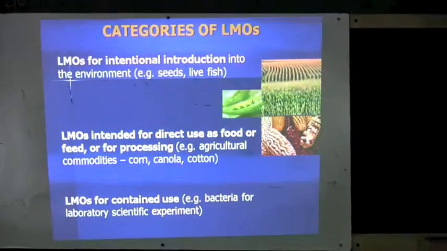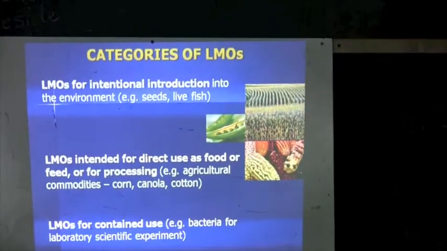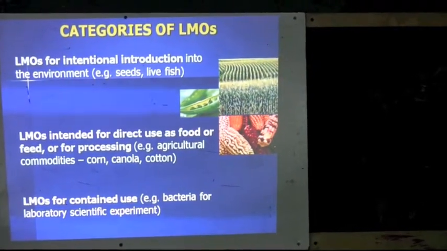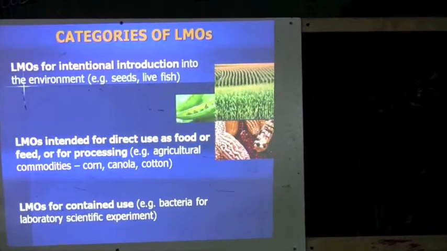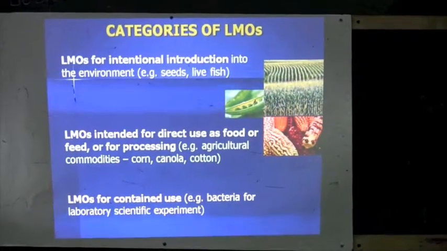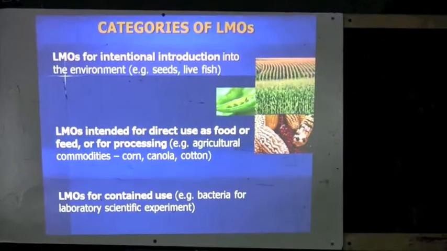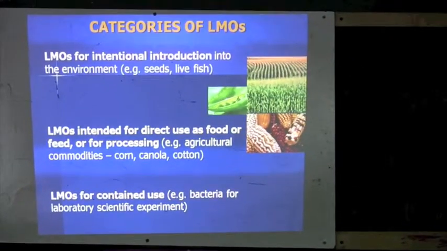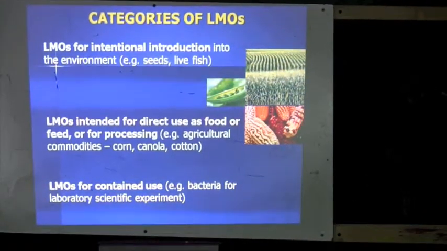Now, in terms of the categories of living modified organisms and in terms of use, we see that they can be used for intentional introduction into the environment. And I'm sure we'll have some discussion in this area, because that is really a hot spot.